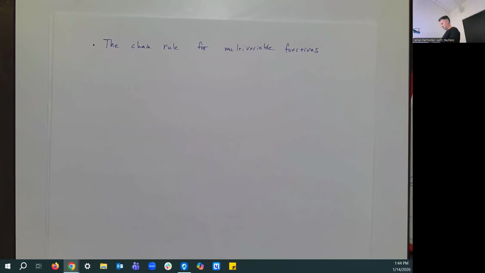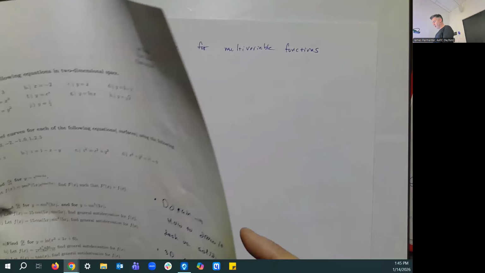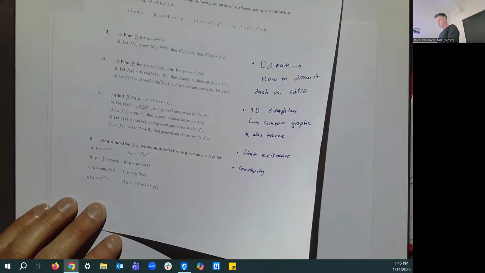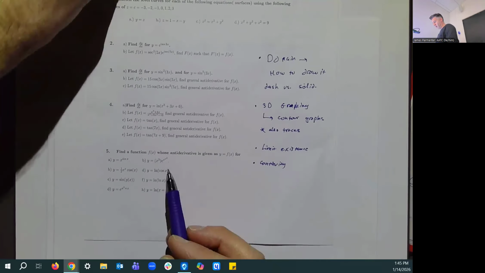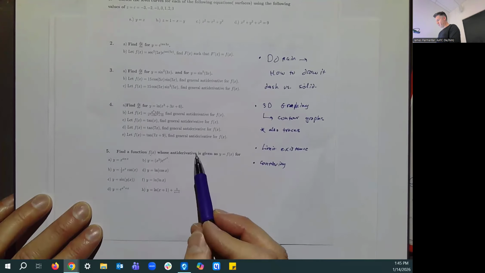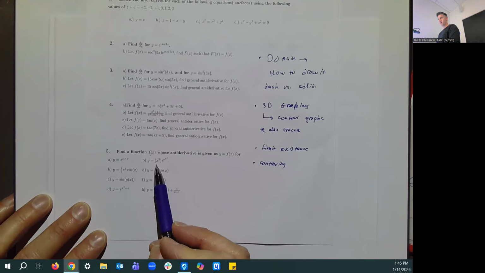Yeah, it's funny the way he wrote these questions, I think, but sure. Yes, he definitely had you find some derivatives of things that would require the chain rule. I feel like question five is written in a really interesting way. Find a function whose antiderivative is given by this.